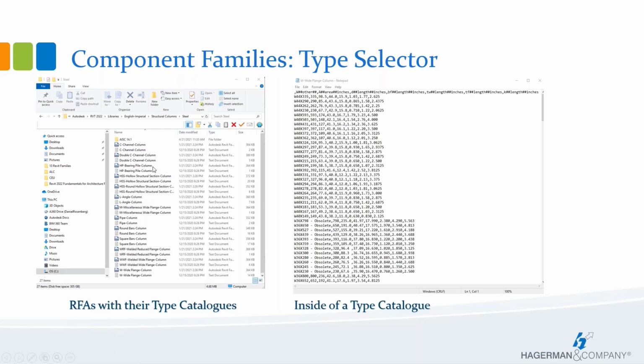And these, like I said, are what make that specify types dialog box possible. So that's pretty much all I wanted to say about the type selector. Okay.